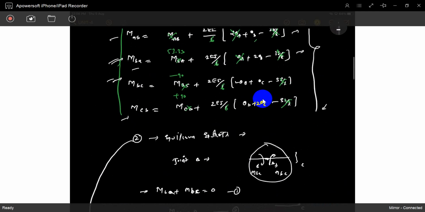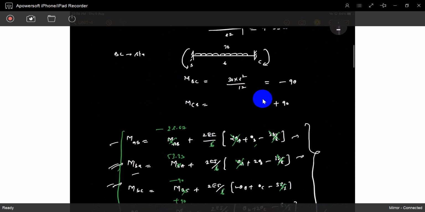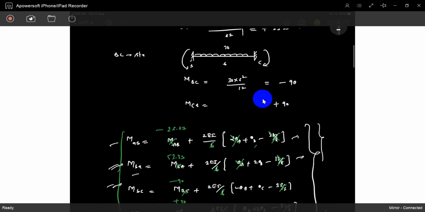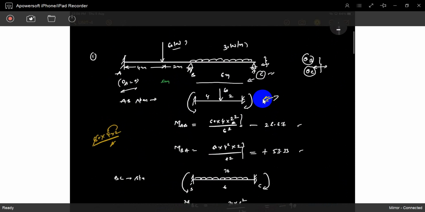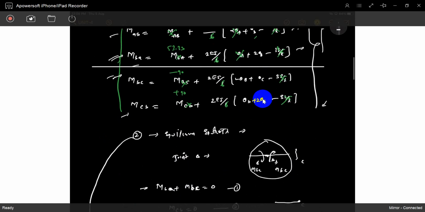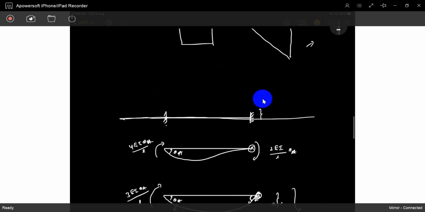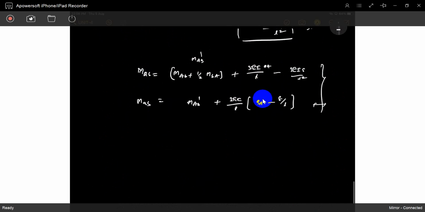If you see, for the AB span, you can write these two equations, no problem at all. For the BC span, C is a hinge support and B is an intermediate support, so it behaves as a fixed support. So B is fixed, C is a hinge. I will write down the same equations again, which will be very useful here.